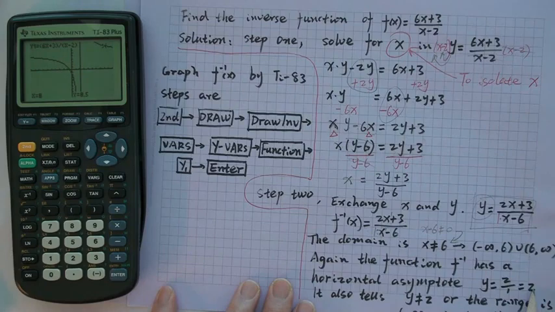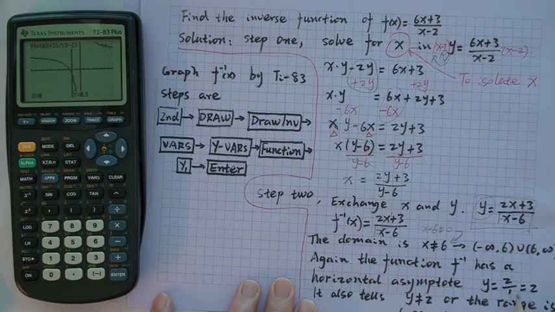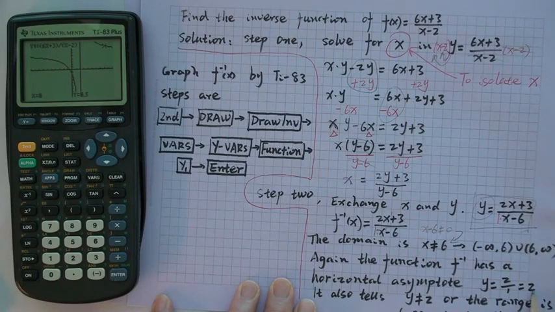The meaning of the asymptote is that the graph can go very closely to y equals 2, but can never be 2.